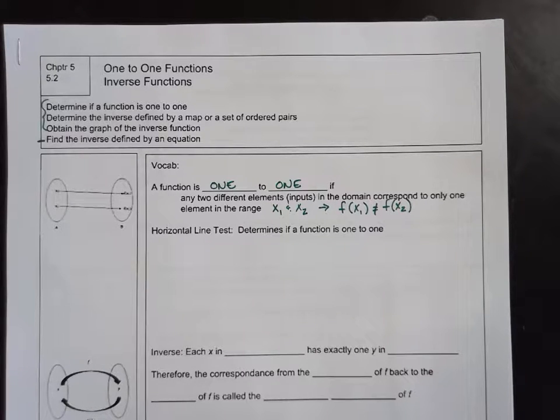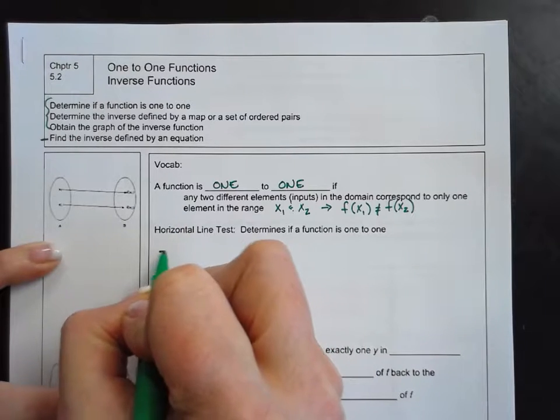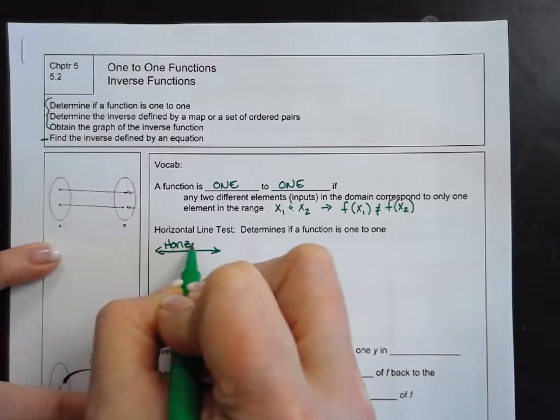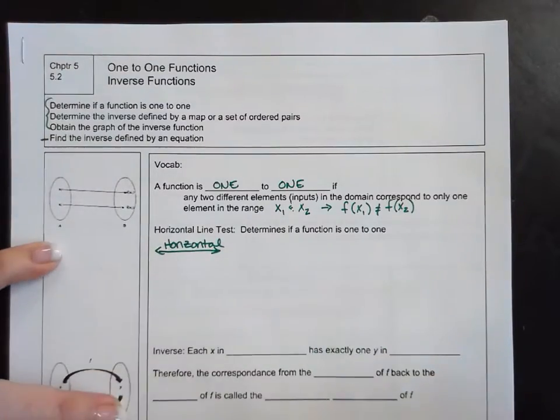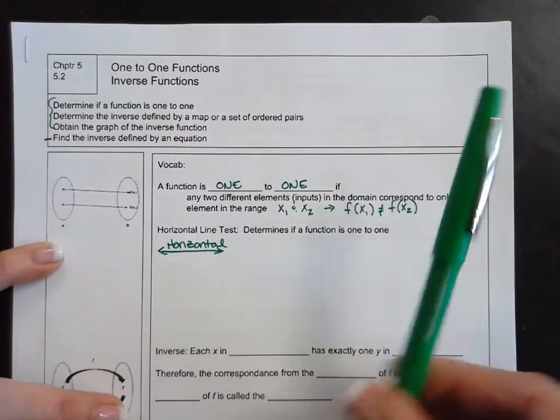Okey-dokey. All right, so horizontal line test. It determines if your function's one-to-one. And if you're doing horizontal, then you're taking your pencil this way instead of vertical.